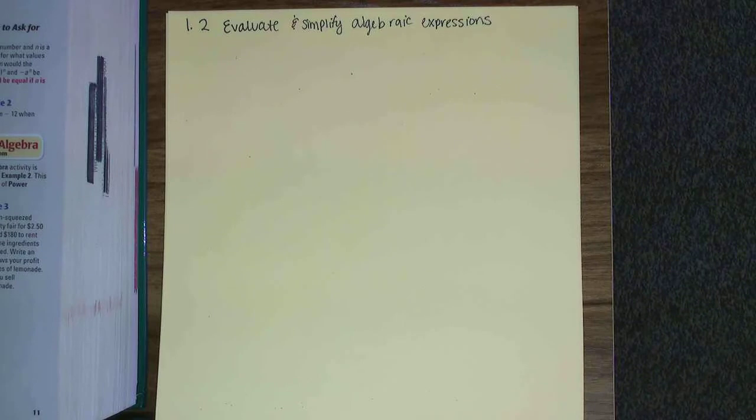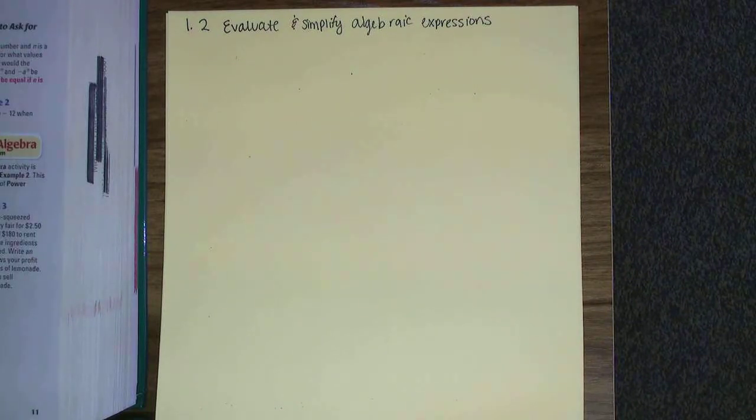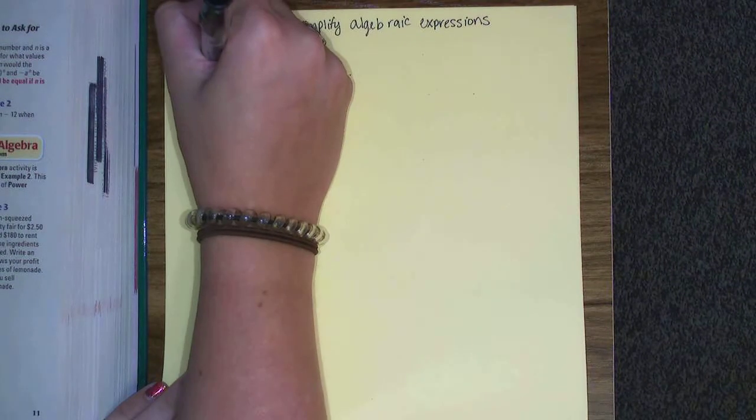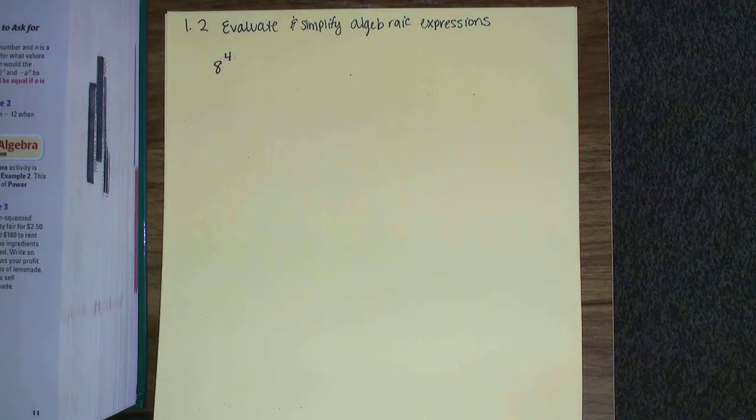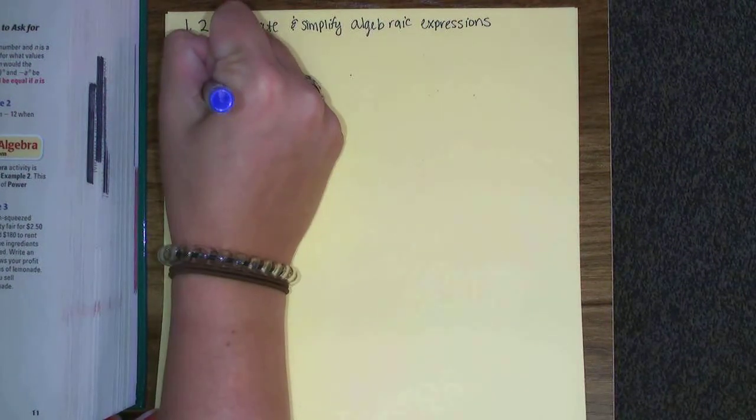But I'm going to do a quick review of exponents, just so that you can remember back to Algebra 1. As an example, if we have something like 8 to the 4th, this whole thing here is considered a power.